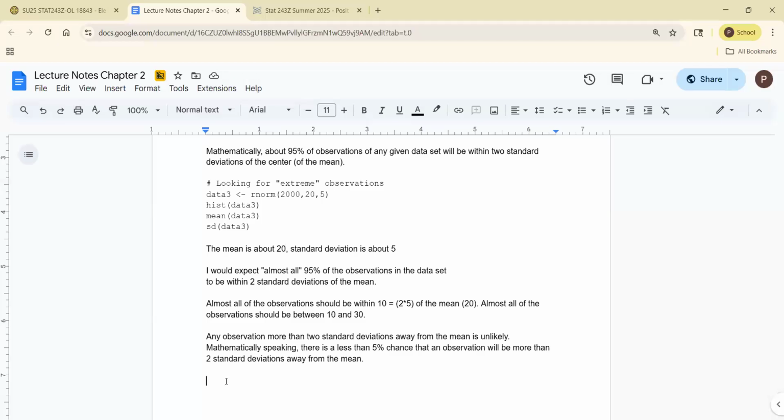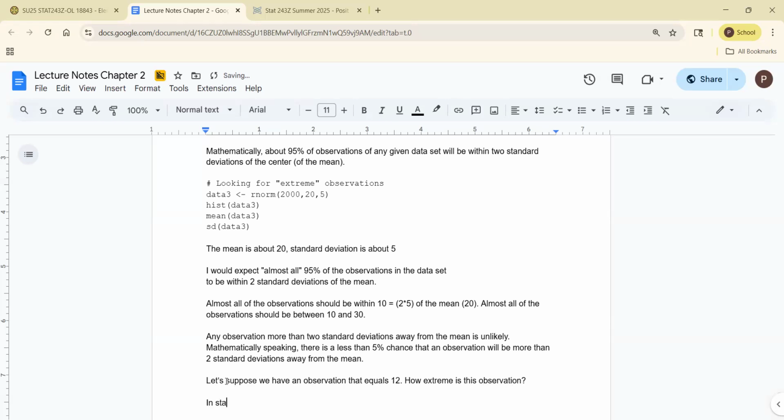Okay, so let's suppose we have an observation that equals 12. How extreme is this observation?